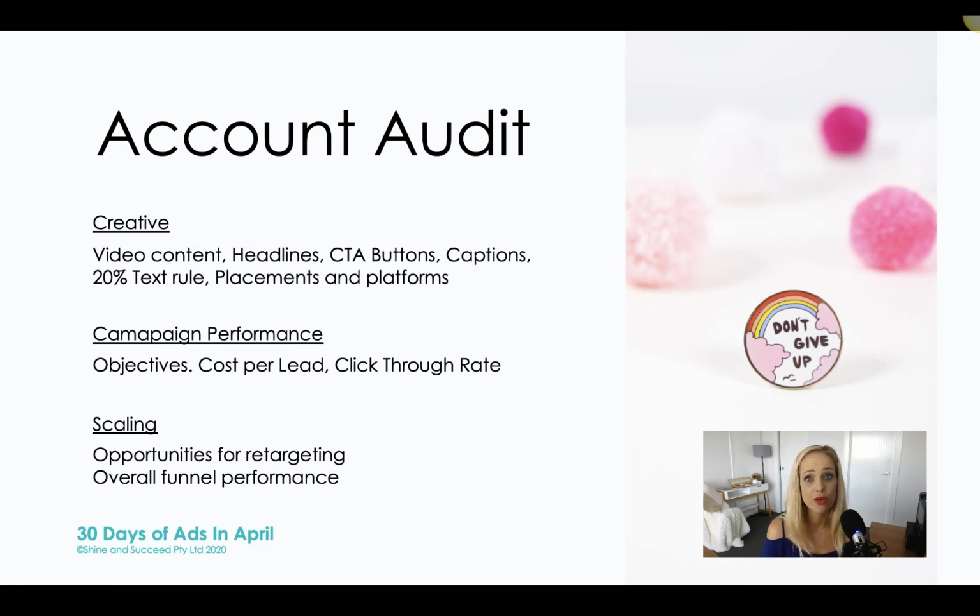The last thing we look for is scaling. We look for opportunities where the client might be sitting on a gold mine and not even knowing it. So one of those would be any retargeting audiences that haven't been set up and that haven't got ads running to them. So we would set up those retargeting audiences to bring people that are dropping out of the funnel back in, to reconvert.